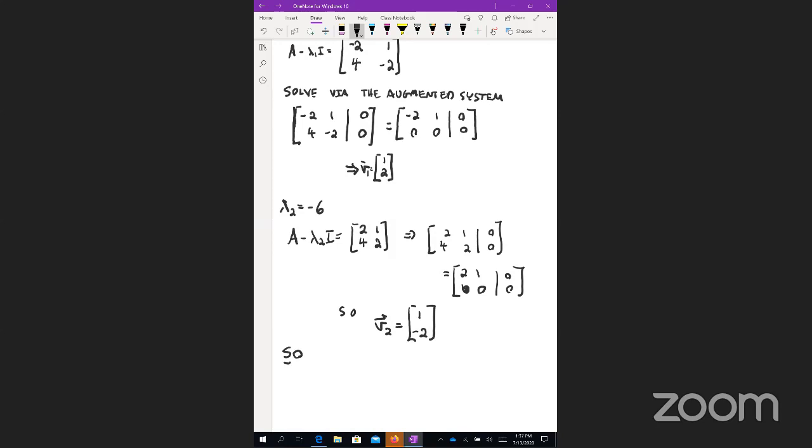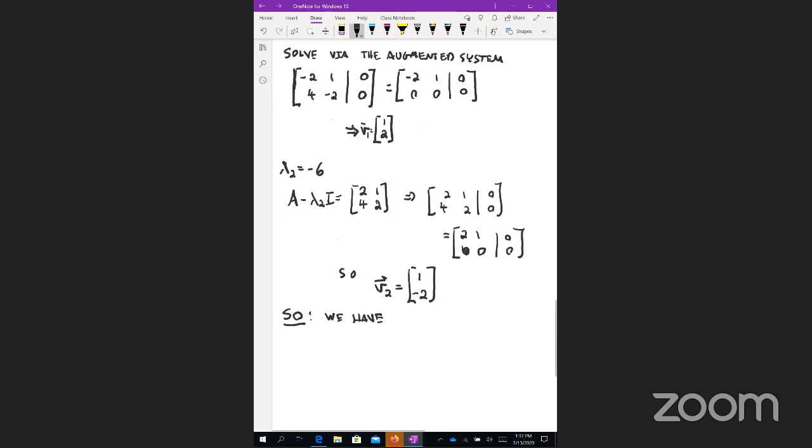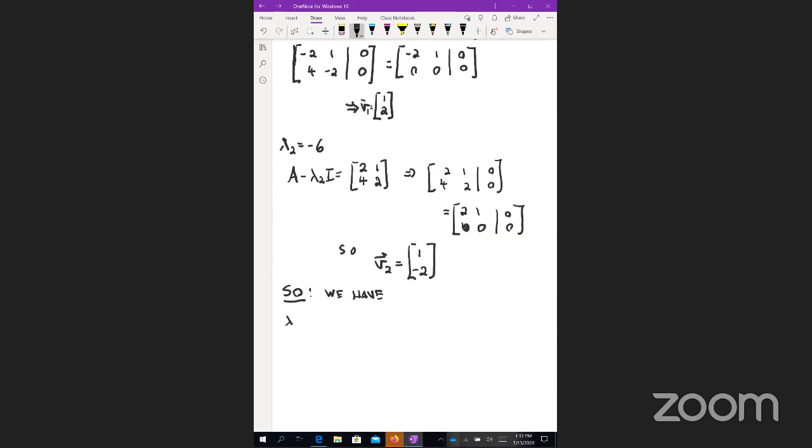So to summarize, we have lambda 1 equals -2, lambda 2 equals -6, v1 equals 1, 2, v2 equals 1, -2.